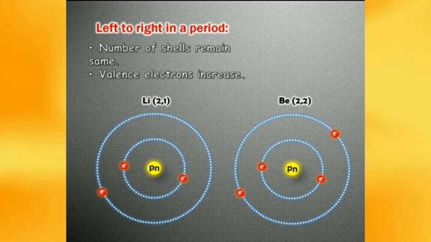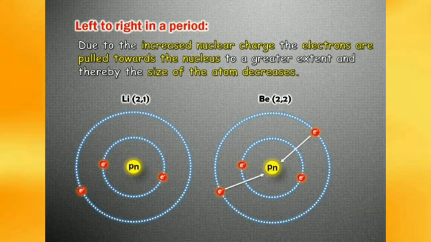And what is the reason behind this? While going from left to right within a period, the atomic number increases by 1, meaning the positive charge on the nucleus increases by 1 unit at a time, right? So the electrons are increasing.